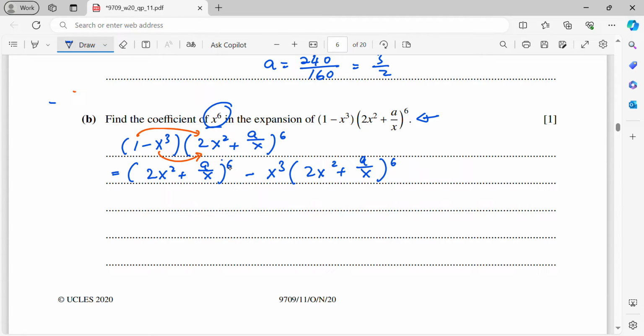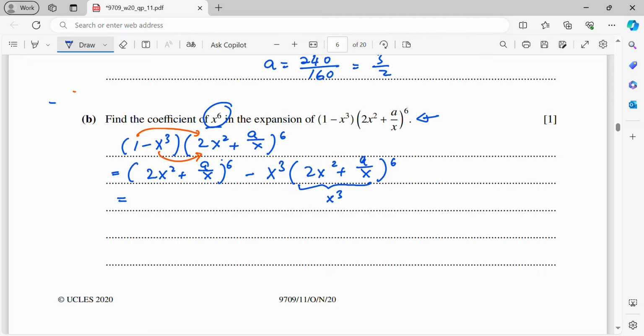So now, if you want to get x degree 6, here we already found just now. And then this part, I can get x cubed just now, okay? So to get x degree 6, there is an x cubed outside. So it means that I just need to consider the coefficient for x cubed in this expansion. Okay, that means basically just now we already solved. So here I should get x cubed, right?